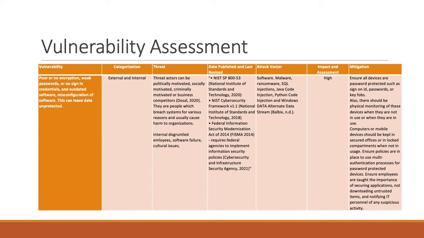There should also be physical monitoring of devices when they're not in use or when they are in use. This could be surveillance as well as live surveillance, as well as keeping them physically locked. Computer and mobile devices should be kept in secure offices when they're not in use.